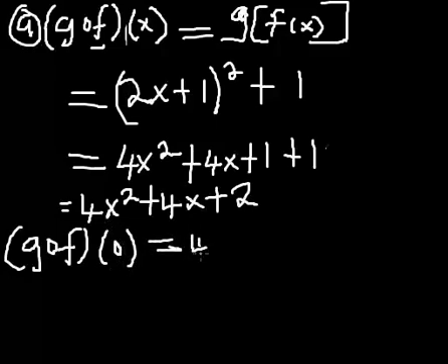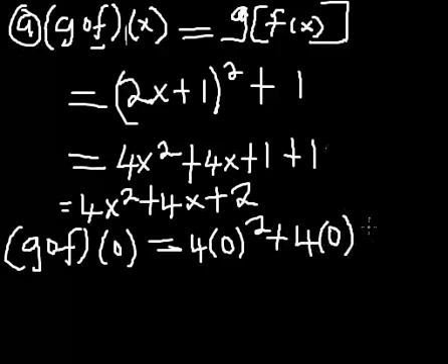That will be 4 into 0 squared, then plus 4 into 0, then plus 2. 0 squared is still 0. 4 times 0 is 0. Everything here is 0, so I'm only left with 2.